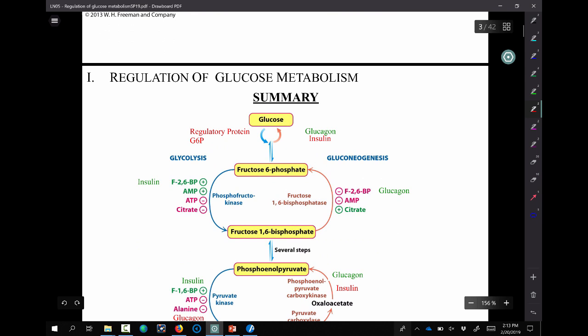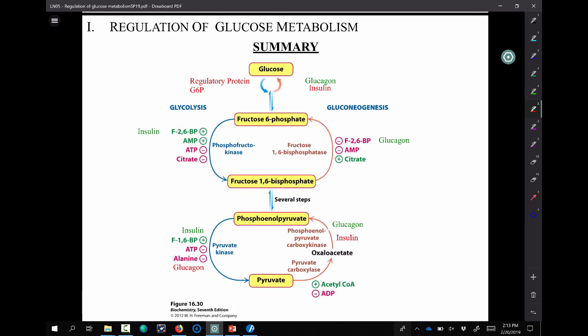Right? Now, this is a summary slide and a kind of large picture view of how these 2 different pathways are regulated. Glycolysis on the left, gluconeogenesis on the right. Right?